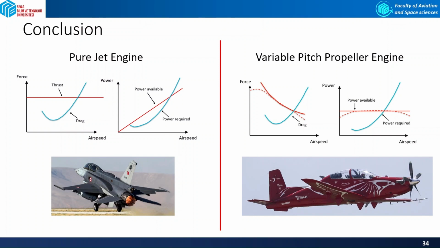Now, you might wonder, what if an aircraft is equipped with a propulsion system that does not have this simplified behavior? For example, if an aircraft is equipped with a turbofan engine, which can be seen on most commercial aircraft today. To answer this, if the engine manufacturer provides us the thrust or power variation with airspeed, then we can still do all of these calculations.